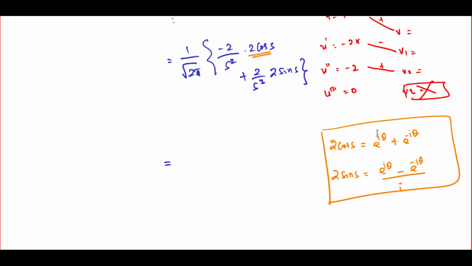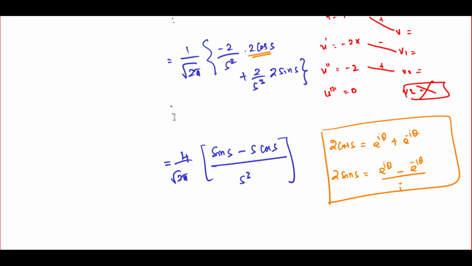Then you will finally get this expression: 4 divided by square root of 2 pi into sin s minus s cos s divided by s cube. Okay, so that's the expression that you will get after simplification. Here also a little bit of simplification is left out.